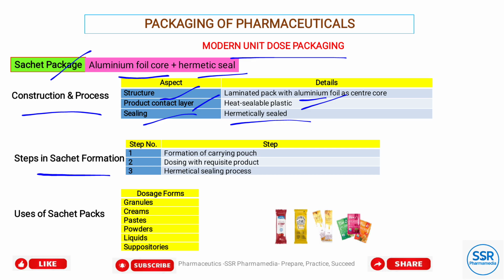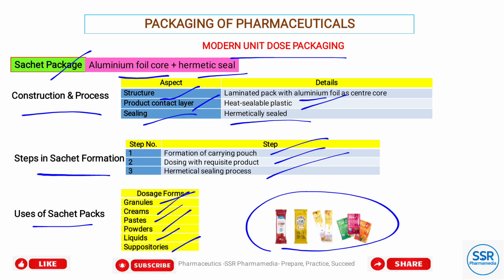Steps in sachet formation: the formation of a carrying pouch, dosing with requisite product and hermetically sealing process. Uses of sachet packs are packing of granules, creams, paste, powders, liquids and suppositories. So mainly the granules.